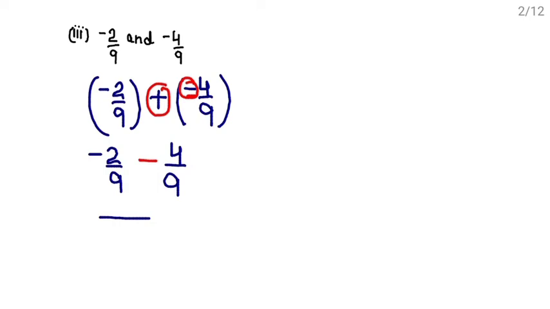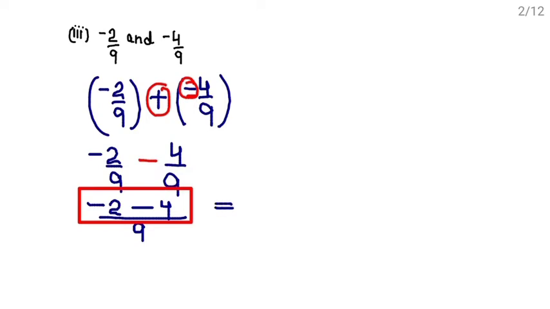As denominators are same, no need to make them equal because they are already equal. Write the numerators, minus 2, minus 4. Sign of both the numerators are same, so these will be added. 4 plus 2 is 6 and the sign will be of the greater numeral. Which is the greater numeral? 4, and its sign is minus. So this is minus 6 upon 9.